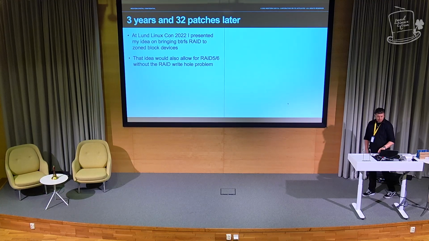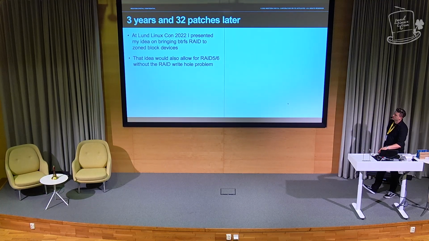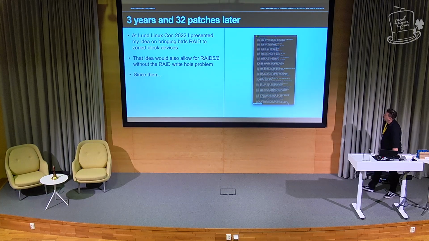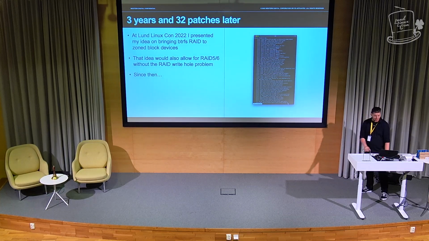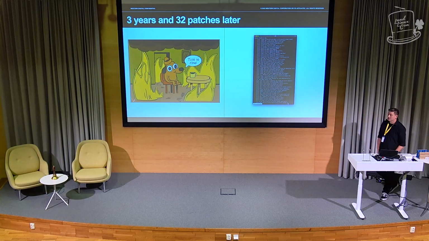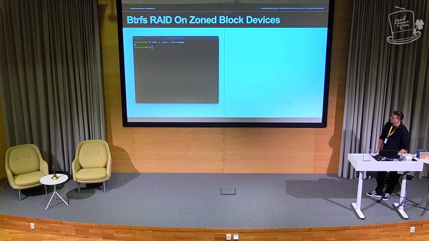And that's where the last presentation was, 3 years ago, here. And then different work came, and I got distracted. So then someday I finally got some time to go back to that.